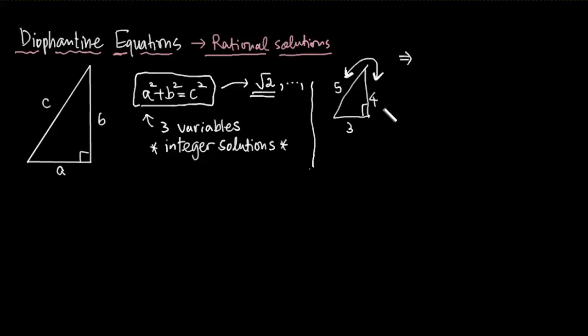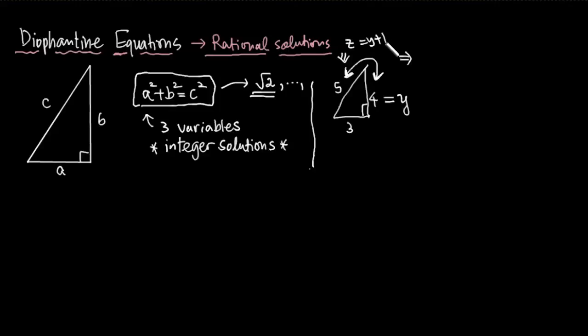I'm going to write one as y here, and the other one will be z, which is y plus 1.